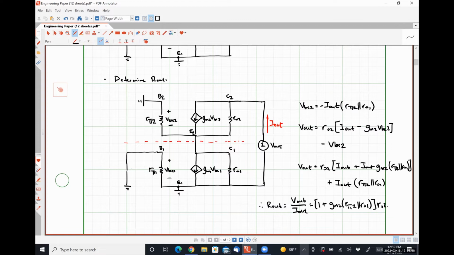That whole thing multiplied by R naught 2 plus R pi 2 in parallel with R naught 1, which is exactly what I told you in class on Monday with no proof. So just to cover my butt, I proved it.